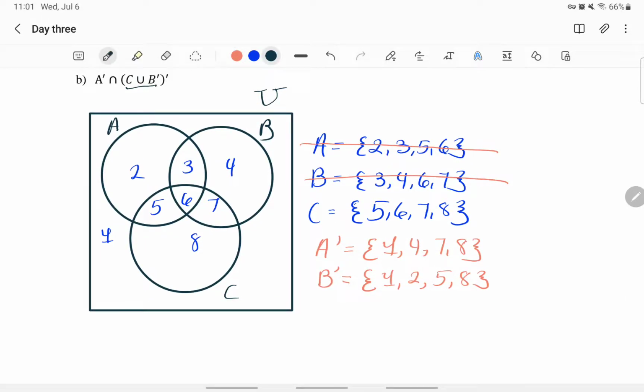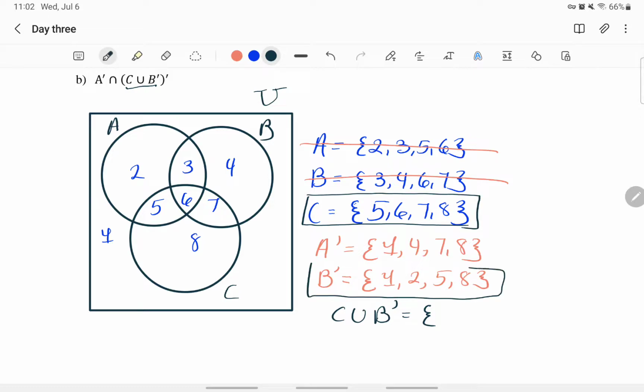Inside of the parentheses, we have C union B complement. Union means to combine the sets together to form one overall set. So we're taking set C and set B complement, and combining them together to form one overall gigantic set with all the elements.